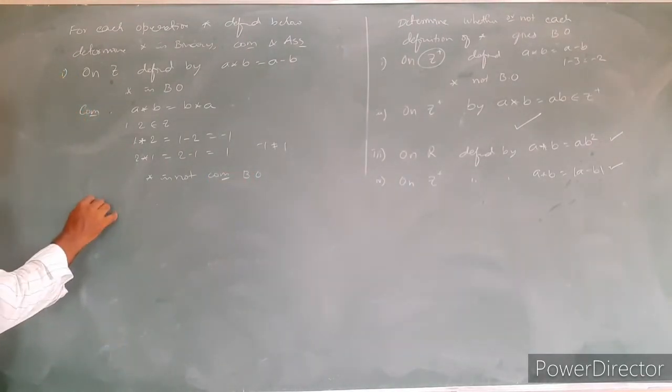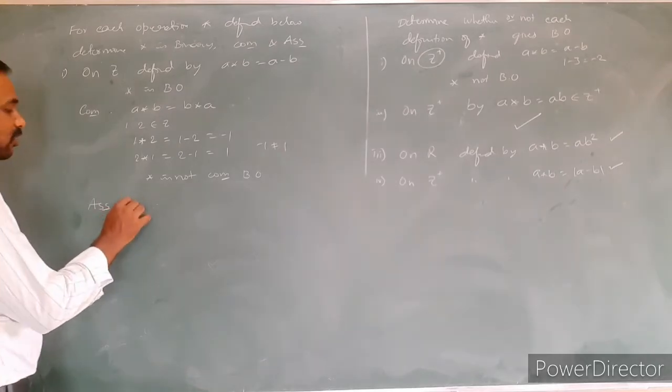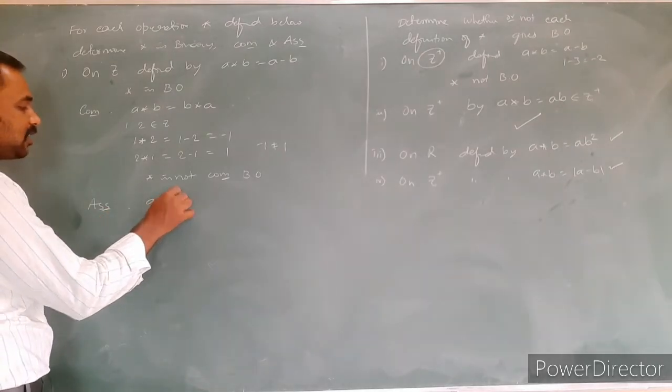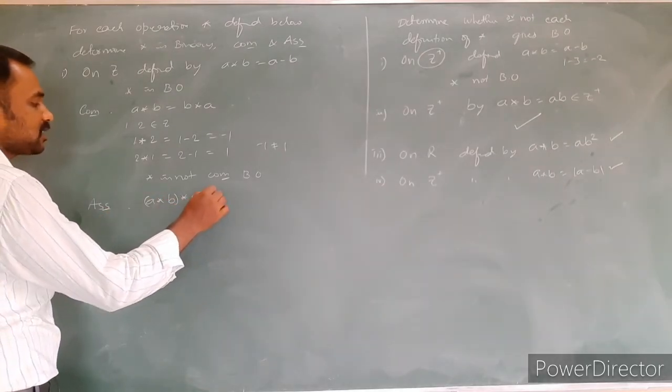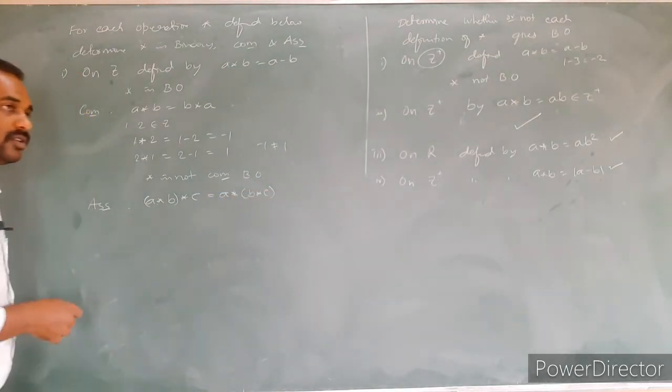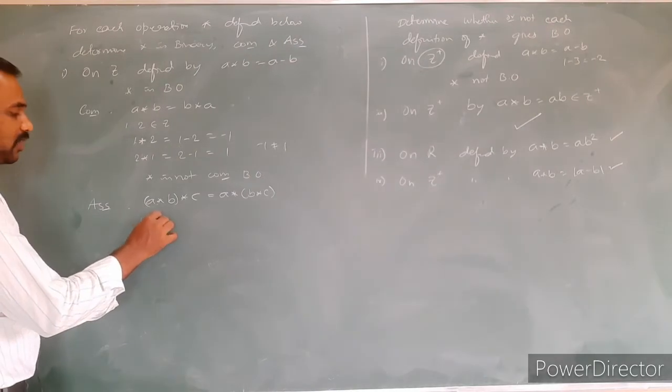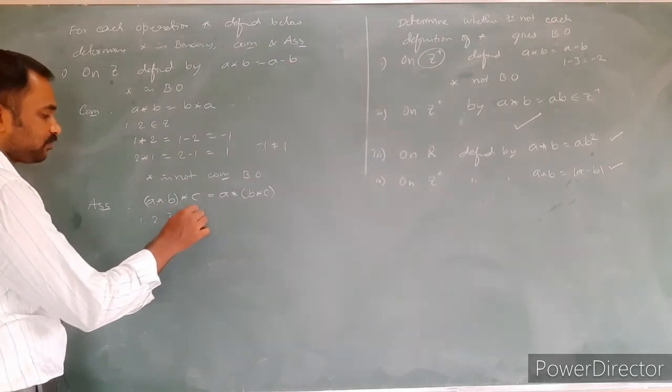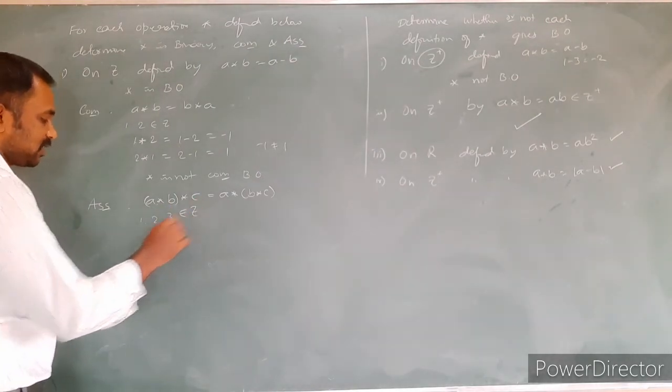That's all. Similarly, the associative binary operation. What is the definition of associative binary operation? (A star B) star C is equal to A star (B star C). Here I just take a simple example: 1, 2, 3 belong to the integer set.